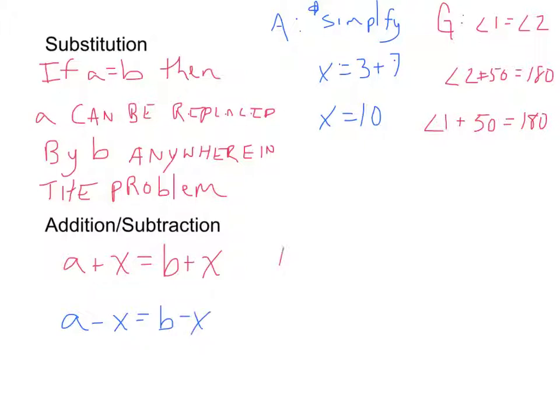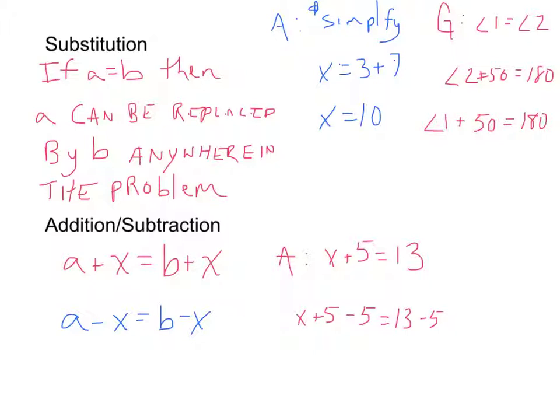So an algebra example, one that we'll use, if I got like x plus 5 equals 13, if I want to get rid of that 5, I can do x plus 5 minus 5. I can subtract from both sides. So x plus 5 minus 5 equals 13 minus 5.